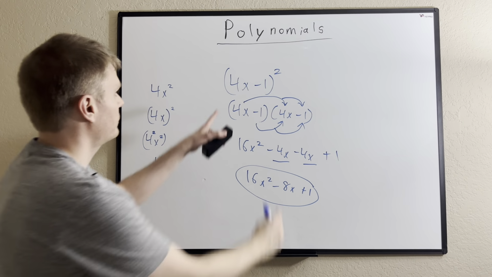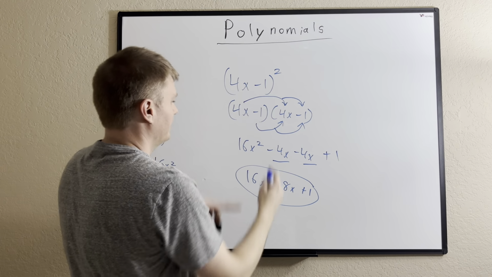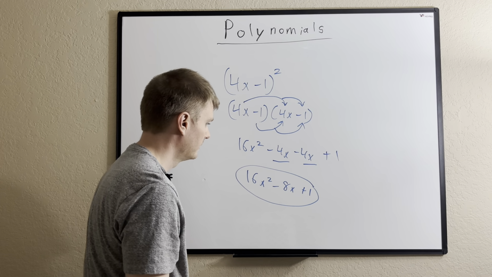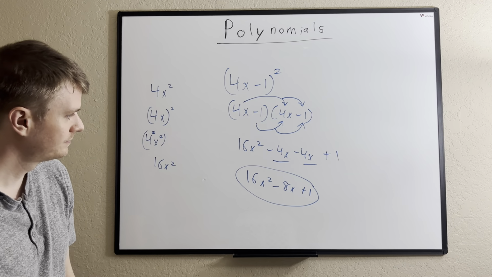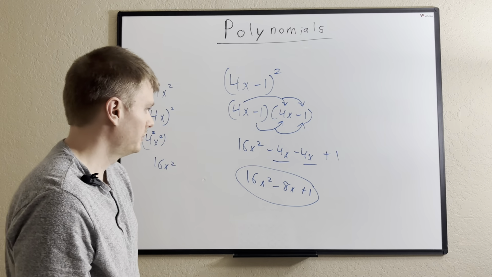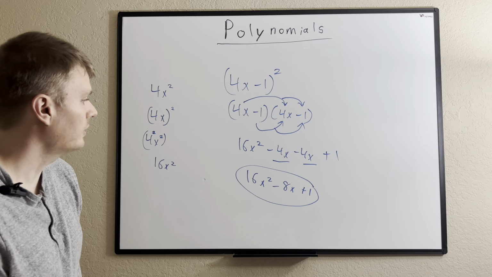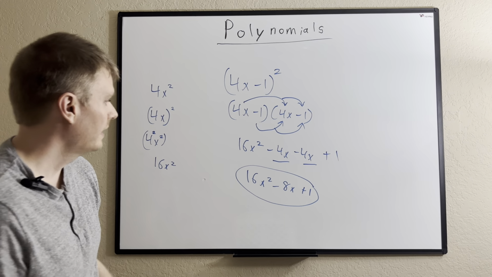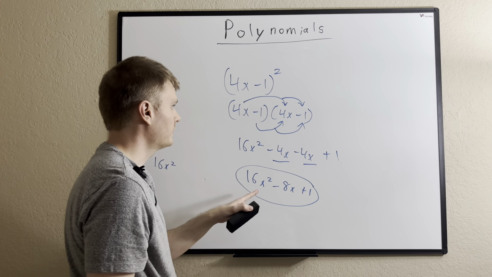Now, if you had just squared the first part and squared the second part, you would have missed this negative 8x in the middle here. And you would have been marked wrong. I doubt you'd even get partial credit for that. And there's a shortcut that people use for this.